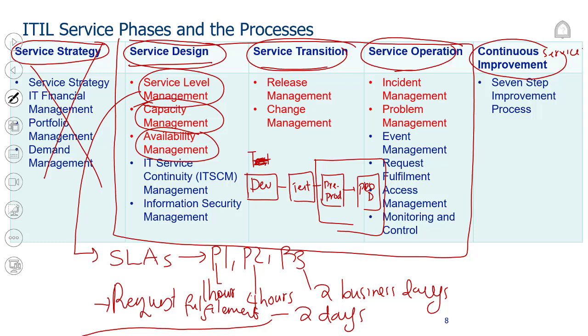We want to make sure that when we build something for production, we first build it exactly in the pre-production environment. So we build it exactly as we want it in production, in the pre-production environment. Then whatever we build in pre-production is exactly what we build in production. And therefore, those two are usually regarded as the same. Now, service transition is what is guiding how we move from one environment to the other.